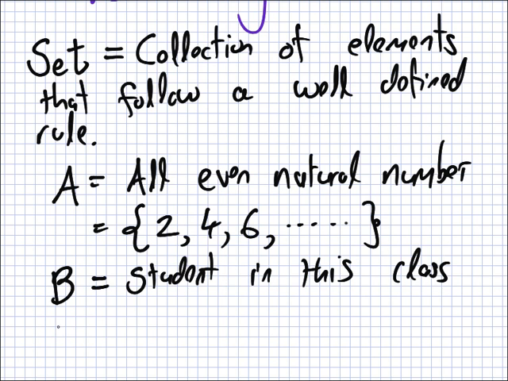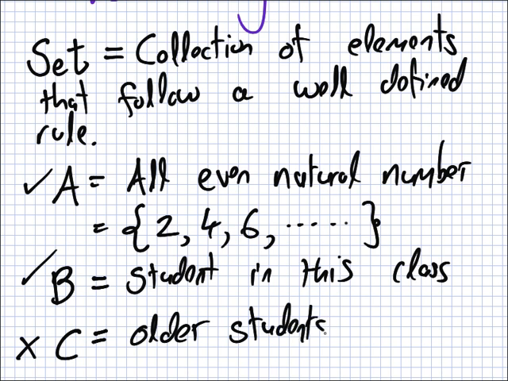An example of something which is not a good set. So this one's good, and this one's good, and this one's bad. This would be the set of older students in this class. Now, why is that not a set? What's the problem with this? It's not well defined. It's not clear. So we can write that a little bit down. There's some basics of sets here.